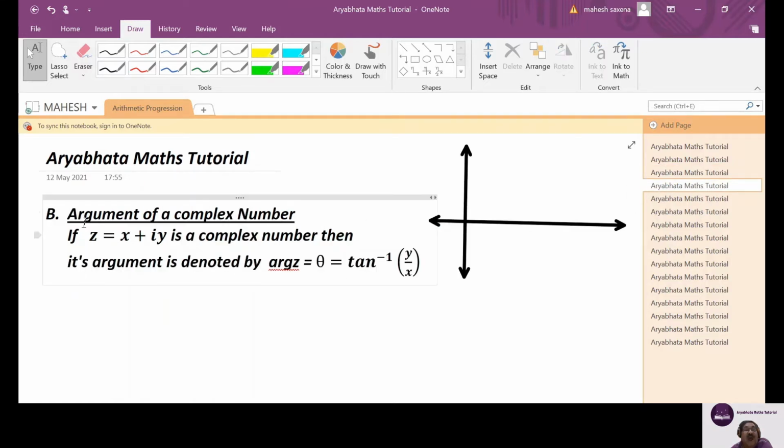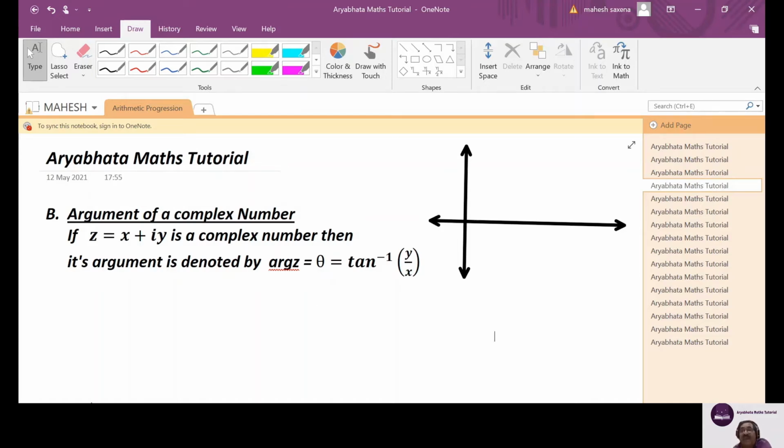Now we come to the argument of a complex number. If z is equal to x plus iy is a complex number, then its argument is denoted by arg z, and suppose that is theta.